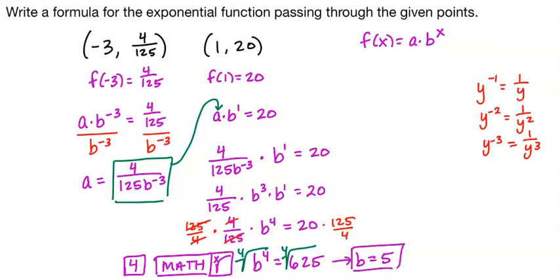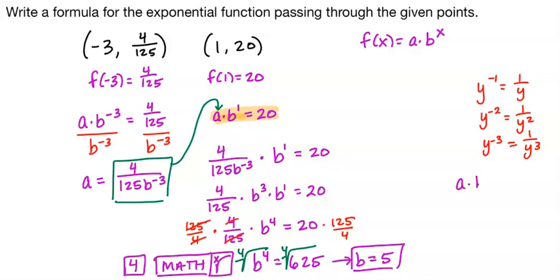So now we know that b is equal to 5, but we said we need to know both a and b. So now we're going to come back to one of our original equations. We can use either one, so I'm going to take the second one that was a little bit simpler, a times b to the first equals 20.